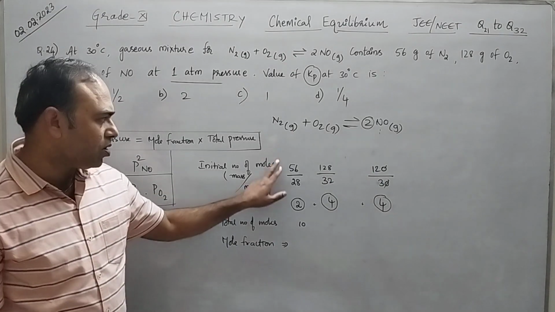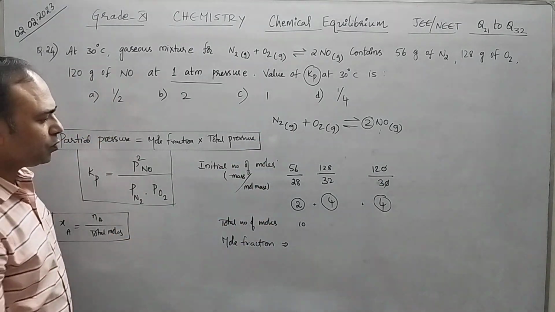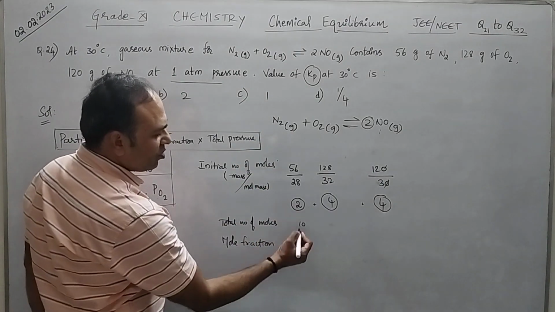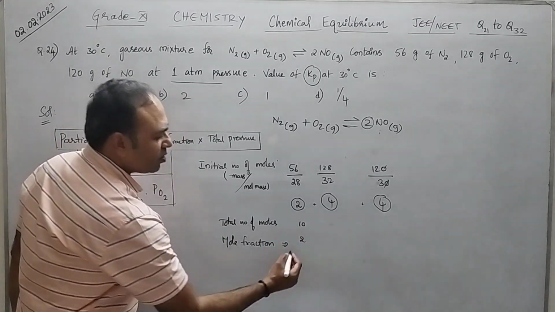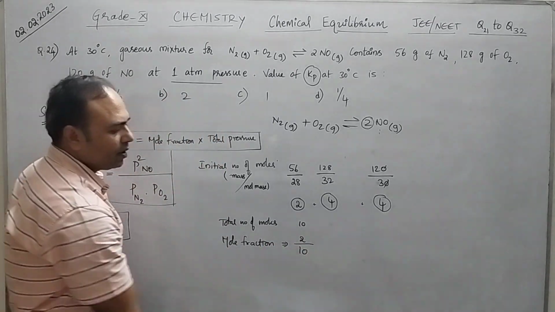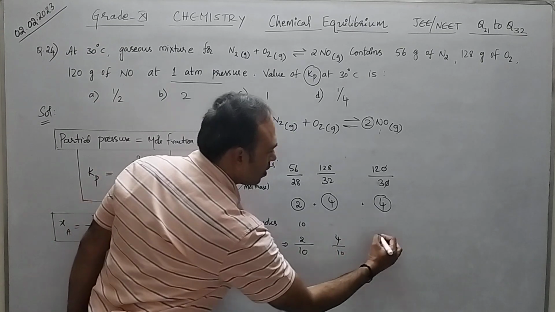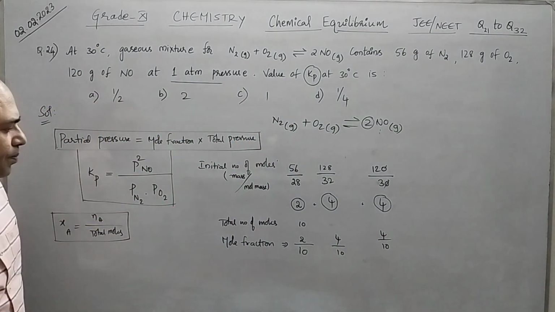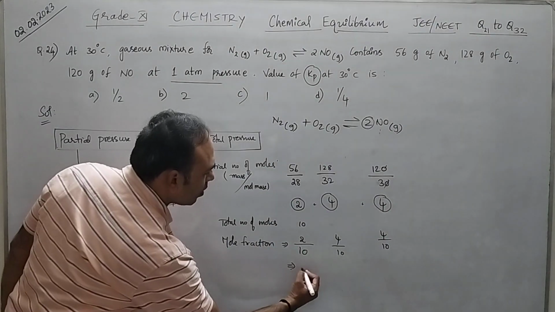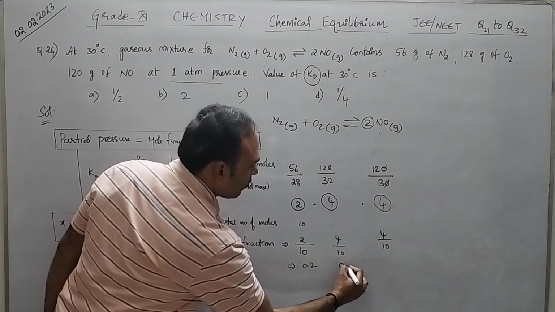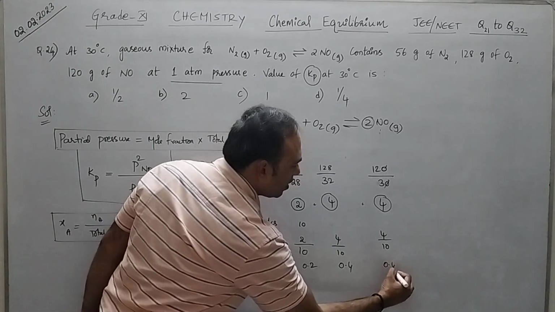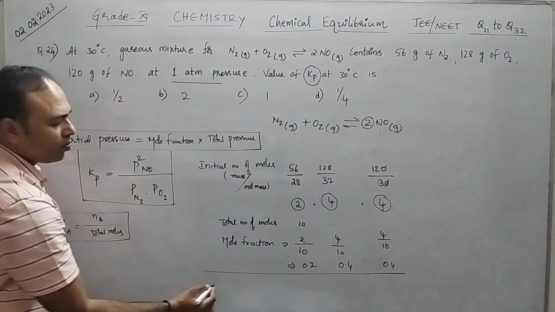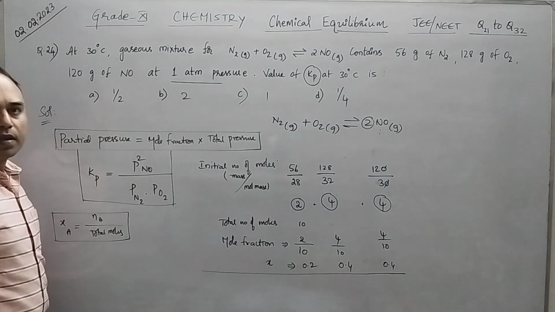First, for N2, we know the number of moles is 2, and the total number is 10. This is 2 by 10, and for the others, 4 by 10. Hope you are able to understand, I am calculating stepwise. Now 2 by 10 is 0.2, 4 by 10 is 0.4, 4 by 10 is 0.4. So you got the mole fractions.